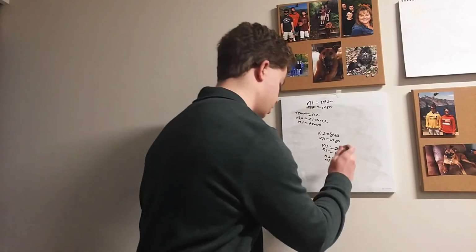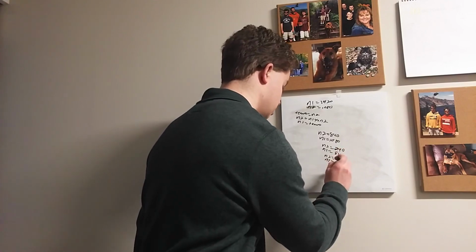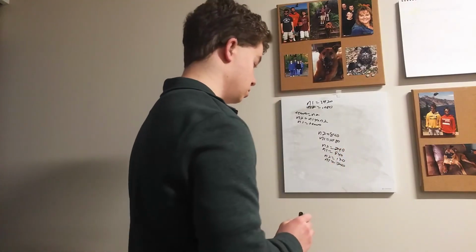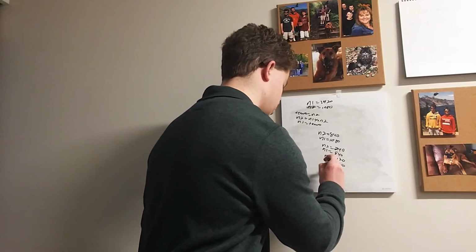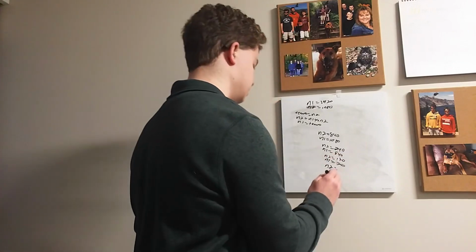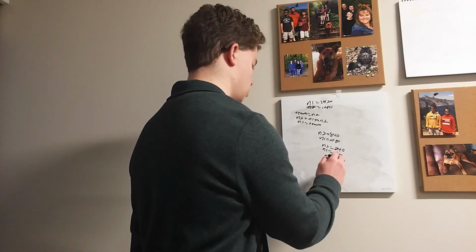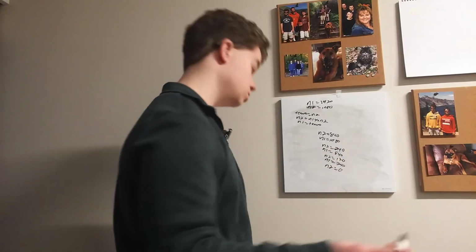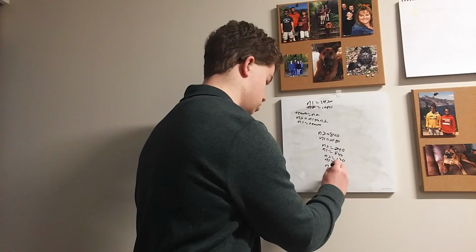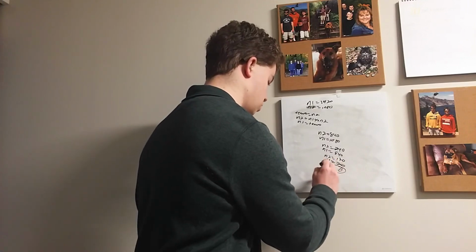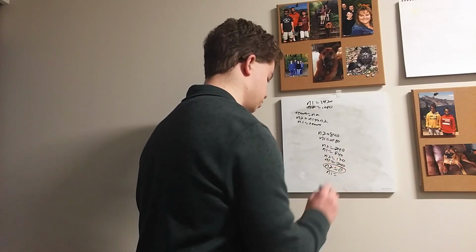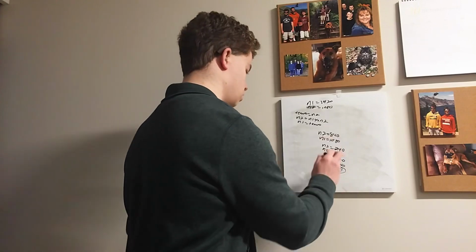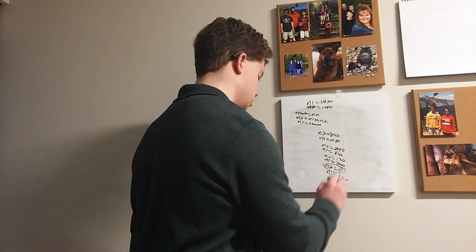This is 120, I'm sorry. And this is 240. So then N2 becomes 240 mod 120, which is 0 because it's 2 times. So this is 0, so that means N1 is what our greatest common divisor should be, which is 120.